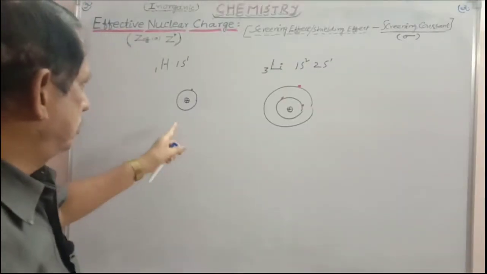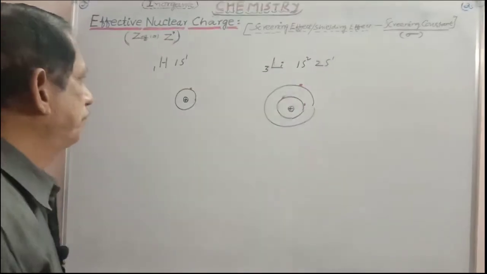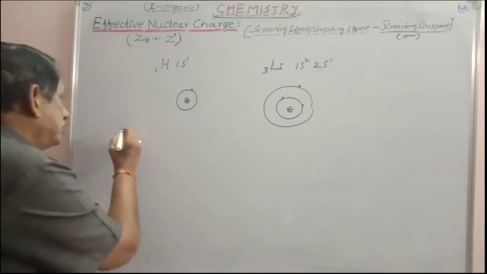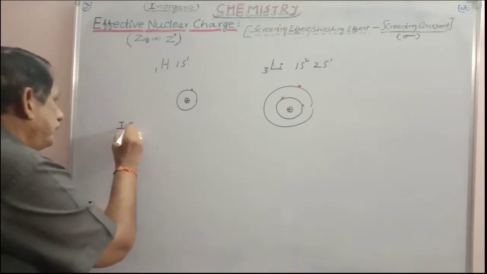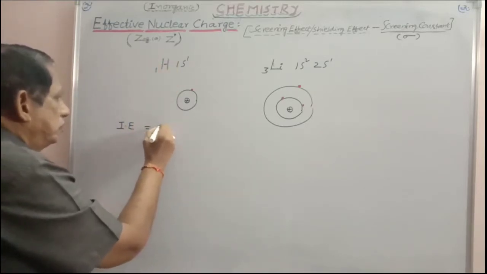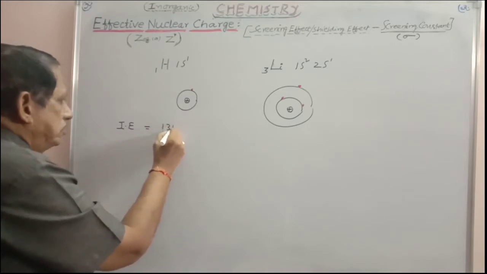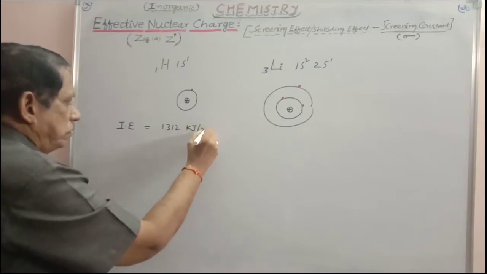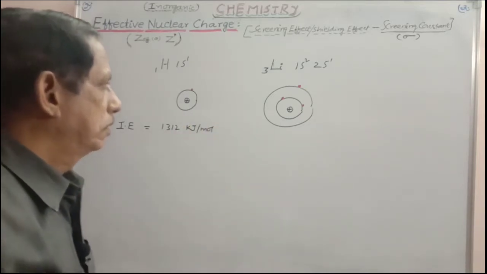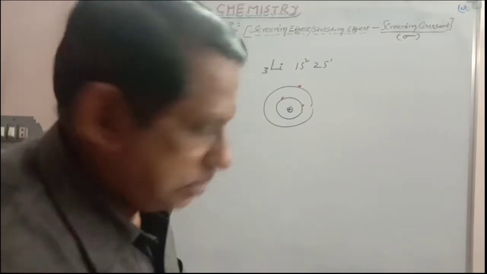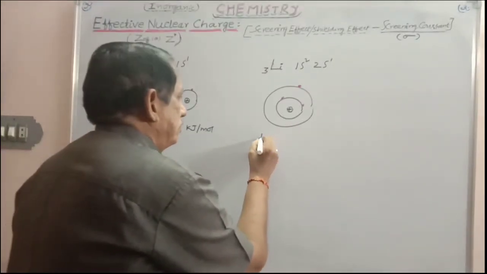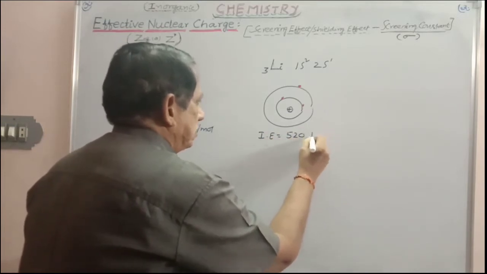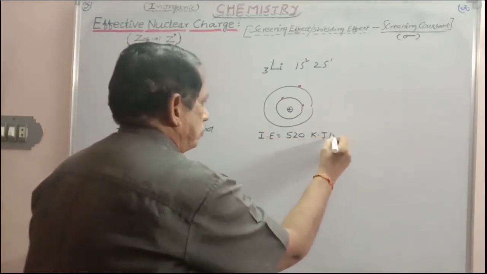Right? And if you take the ionization energies, the ionization energy of hydrogen is equal to 1312 kilojoules per mole. And for lithium, the ionization energy is just 520 kilojoules per mole.